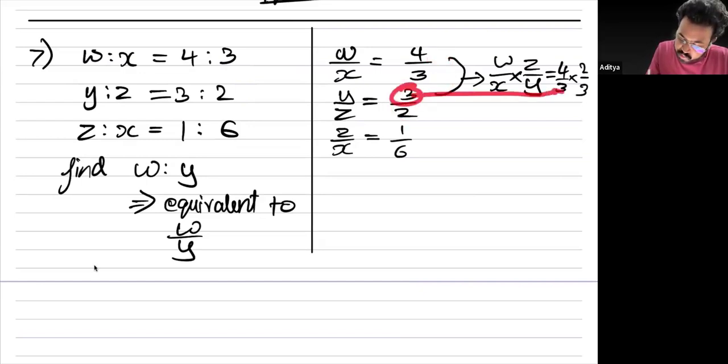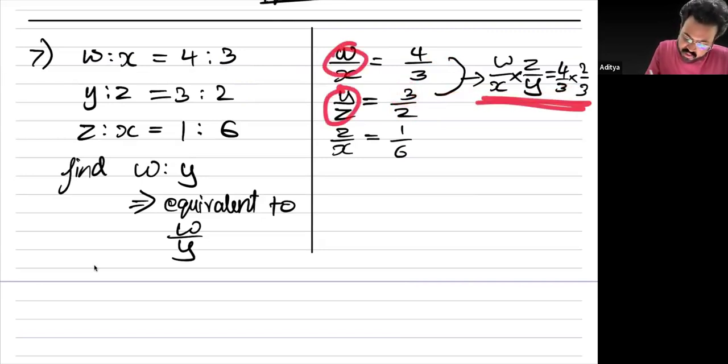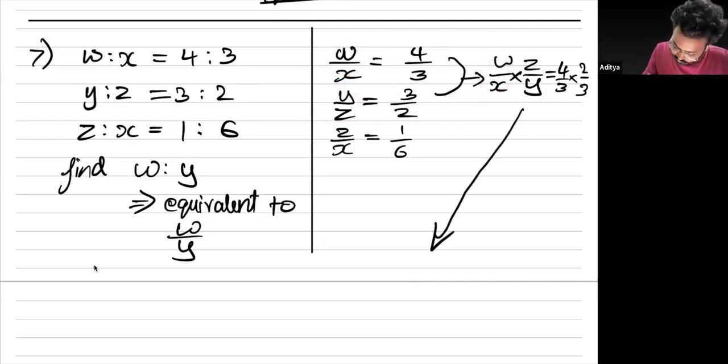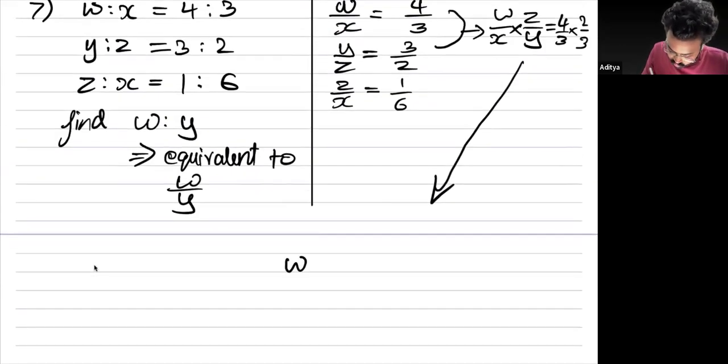Numerator of your denominator will remain the denominator. I'm dividing these fractions, or I'm multiplying the inverse of y upon z to w upon x. This way, I get w upon y times z upon x is equal to 8 upon 9.